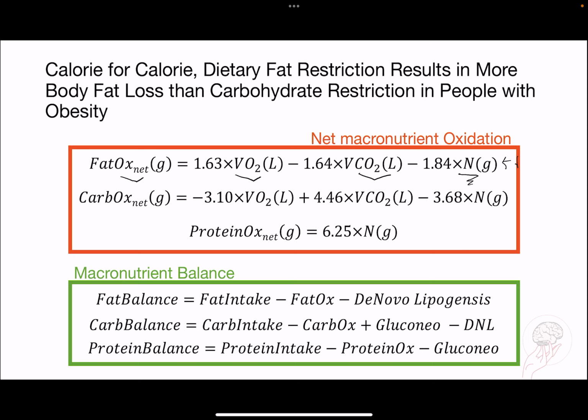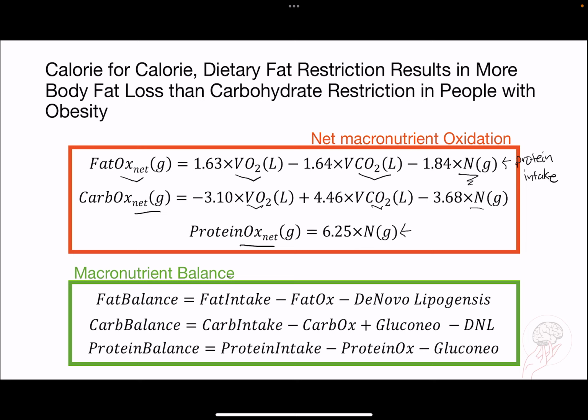And this is to account for protein intake. And they also looked at net carbohydrate oxidation. Again, has the same inputs, oxygen, CO2, and nitrogen. And they looked at protein oxidation, and that is just based on nitrogen.